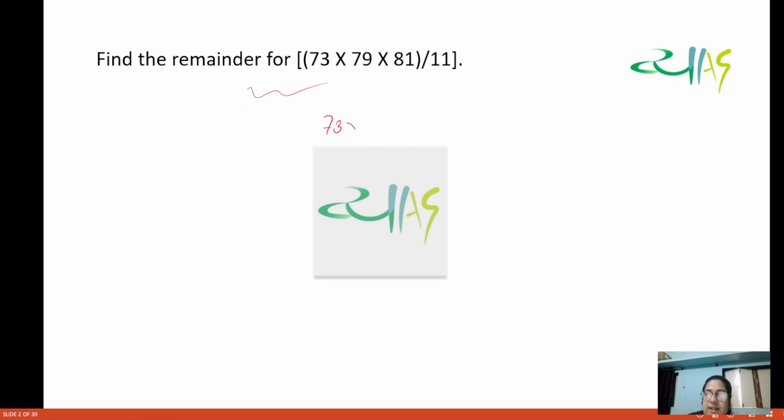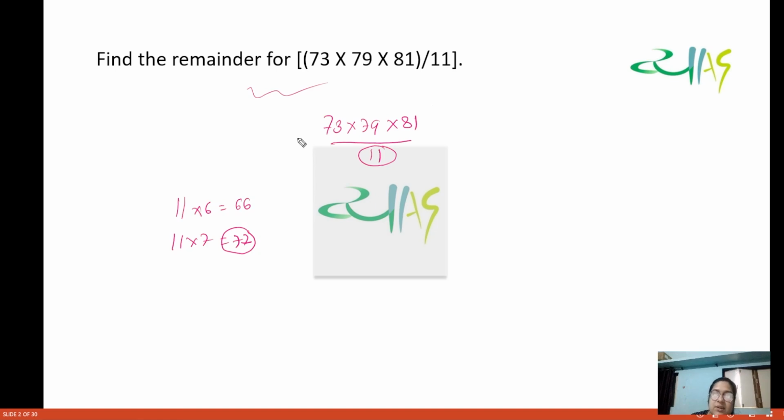You have to find the remainder of 73 into 79 into 81 divided by 11. Now, what is the remainder here? See, I have already told you, we can use negative remainder when the distance is more. Like 11 into 6 is 66 and 11 into 7 is 77.